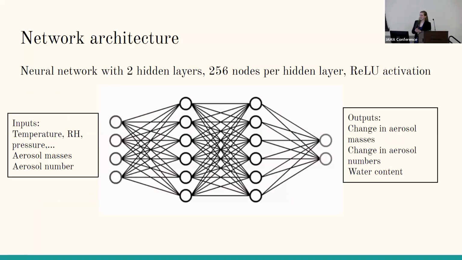So the architecture we ended up with was fairly simple. I think Andrew already mentioned that a bit, you always have the trade-off between complexity and then later speed of your model. So you want to have it as small as possible. So this just had 2 hidden layers and some nodes.